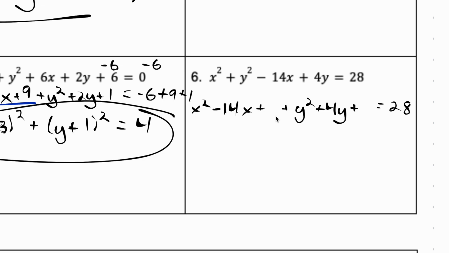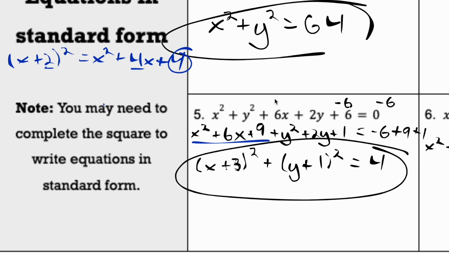So what we're putting in these spots, right? If we look back here, this is b over 2. This is b. And this number right here is going to be b over 2 squared.